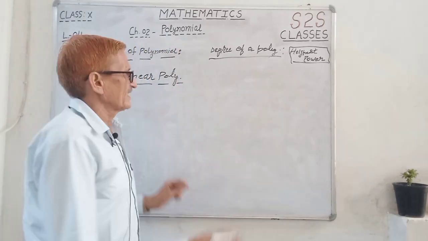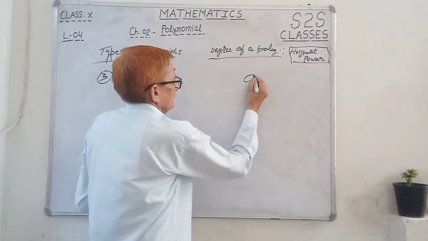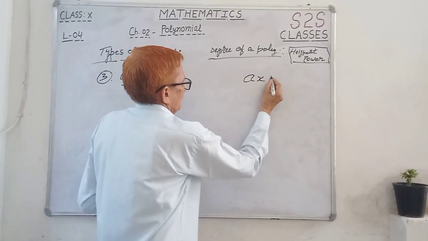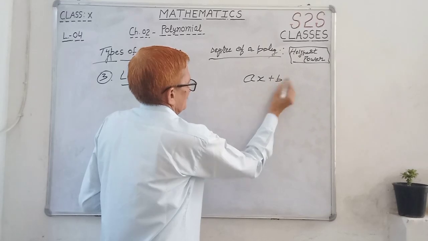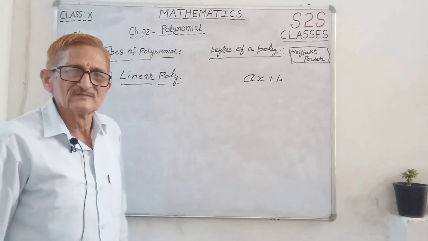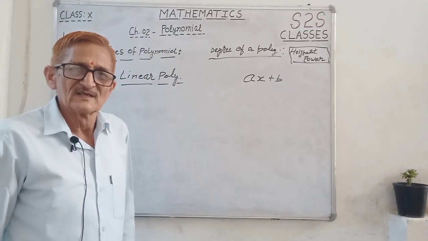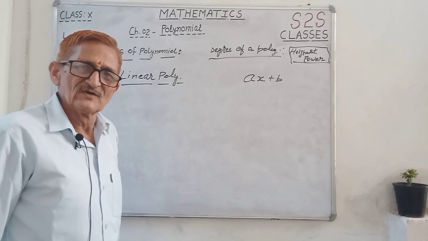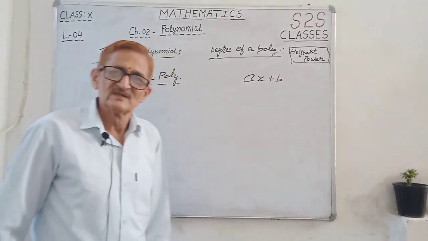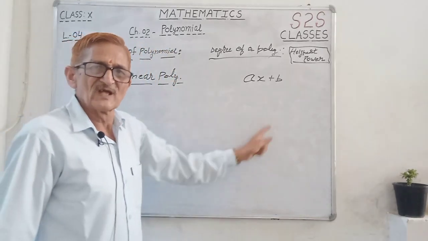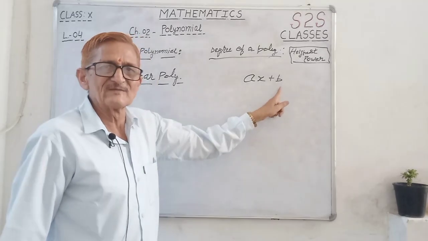In general form it can be written as ax plus b. A specific example you can give: with x, one term or single term, plus any real number that may be 0.